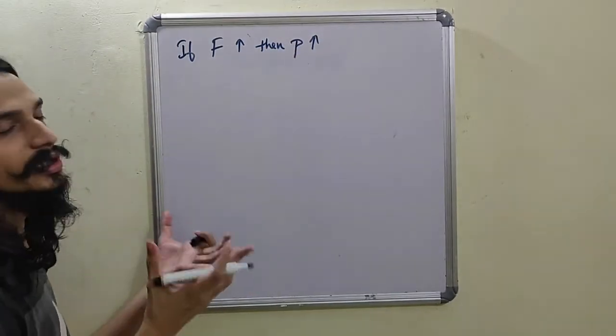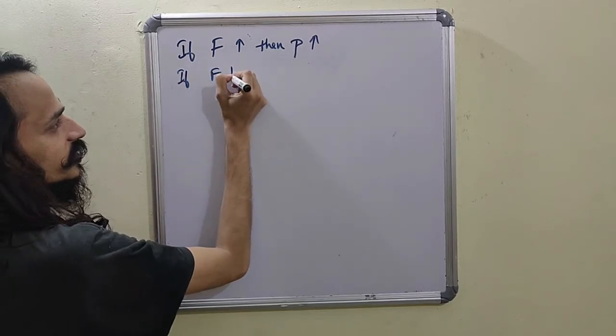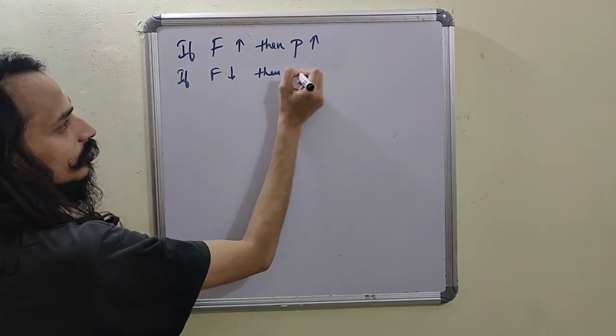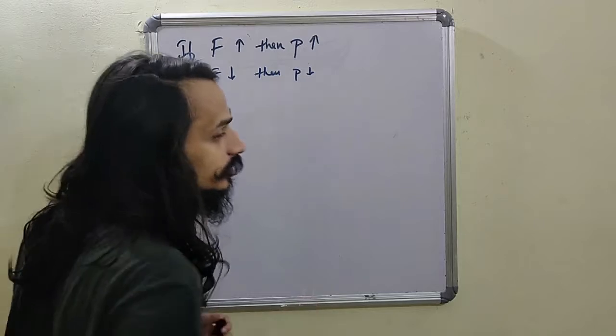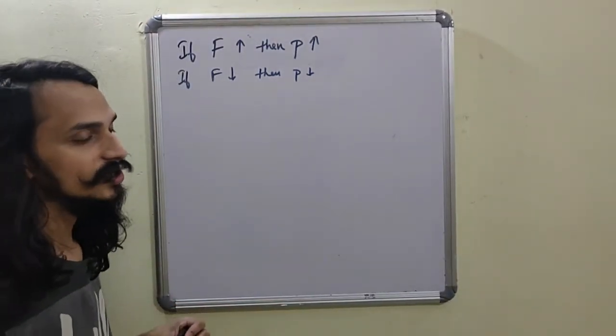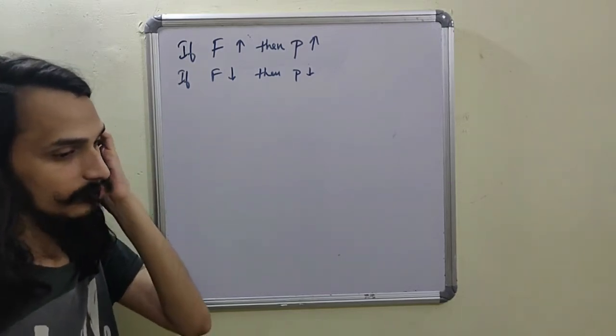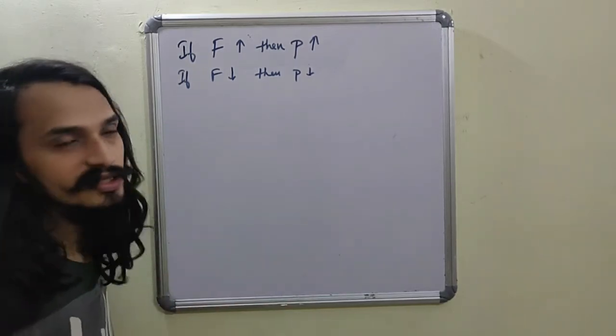The momentum will increase when the force increases. If the force decreases, then momentum will also decrease. But when we talk about increase and decrease here, we need to talk about it in terms of change, right? Because every object always has momentum.